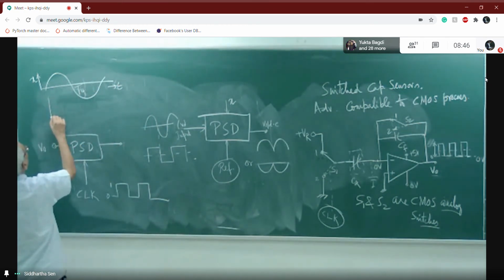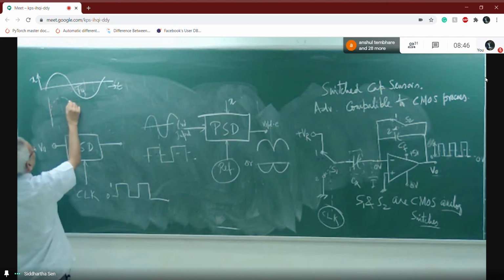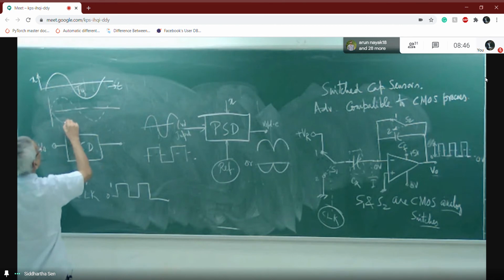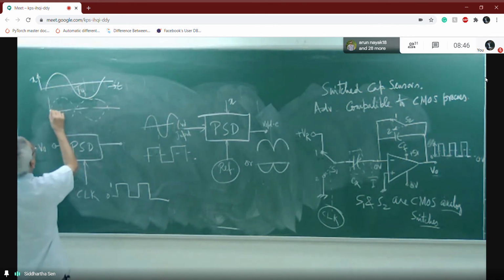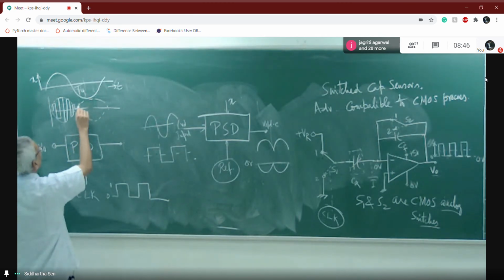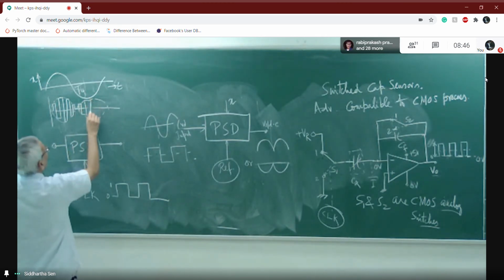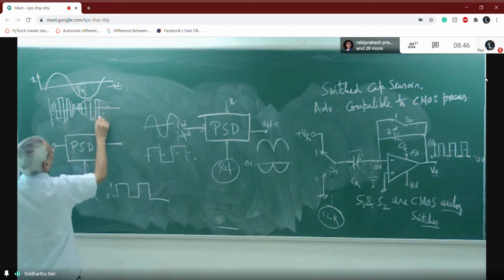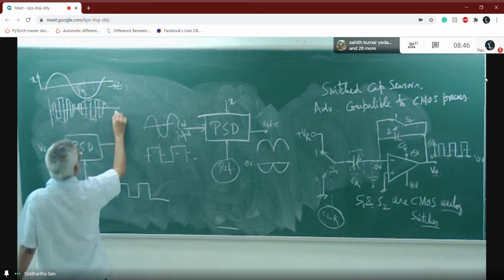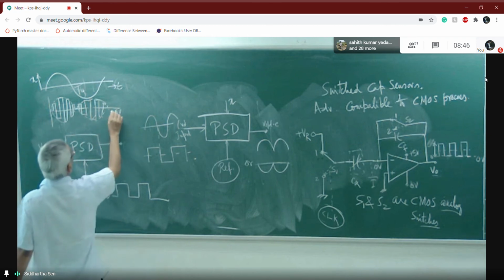It would be the same envelope, but here it would be like this, but this will not be at 0 volt, but maybe 2.5 volt.